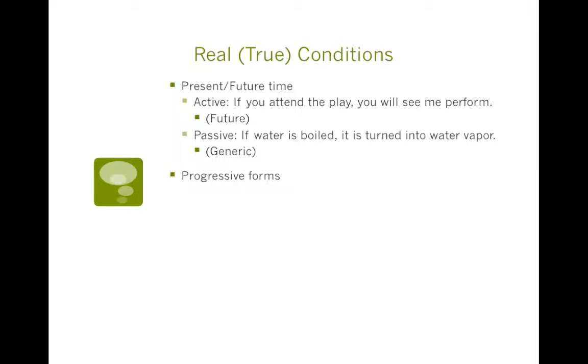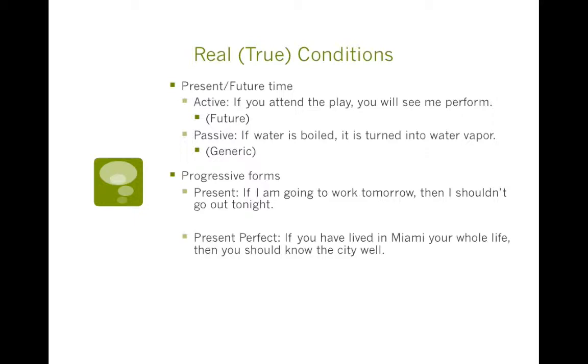Okay, so we can look at the progressive forms next. So the first example in the present, if I am going to work tomorrow, then I shouldn't go out tonight. Okay. And the present perfect, if you have lived in Miami your whole life, then you should know the city well. Have lived is the present perfect.